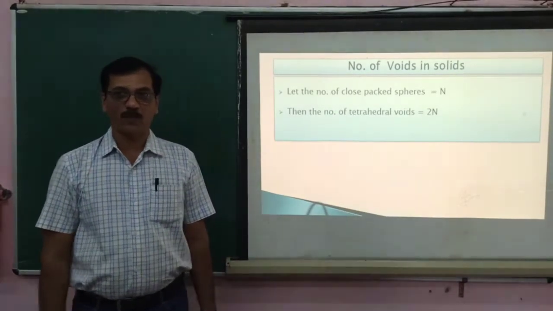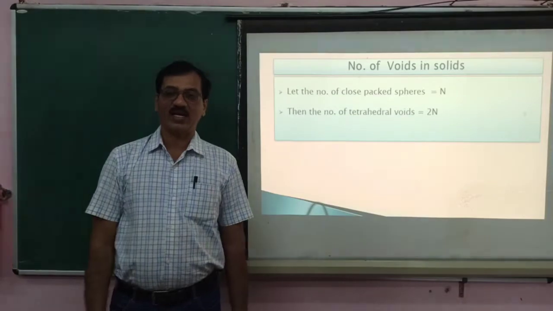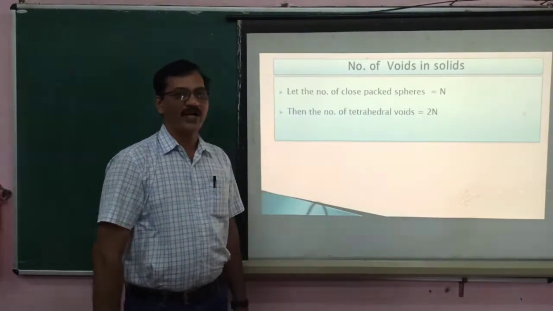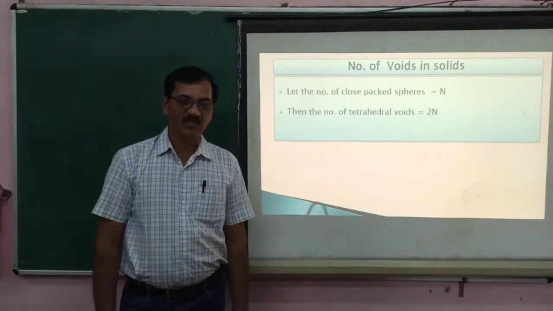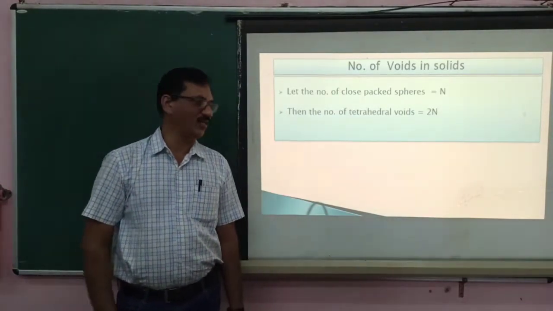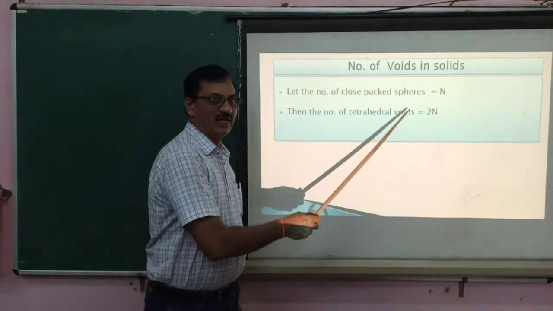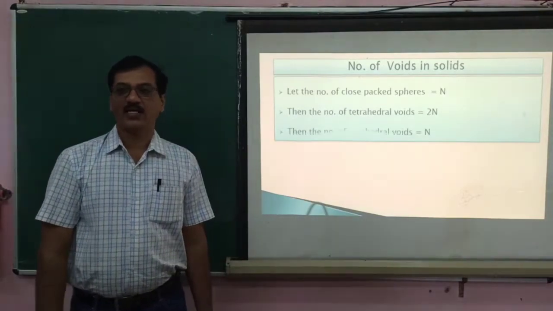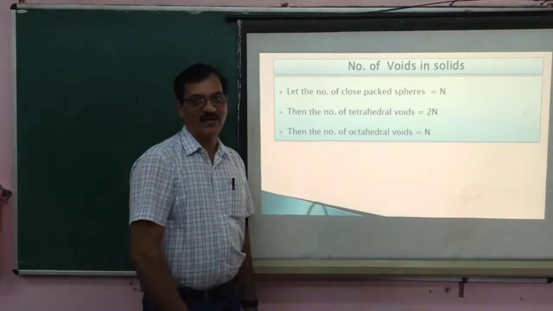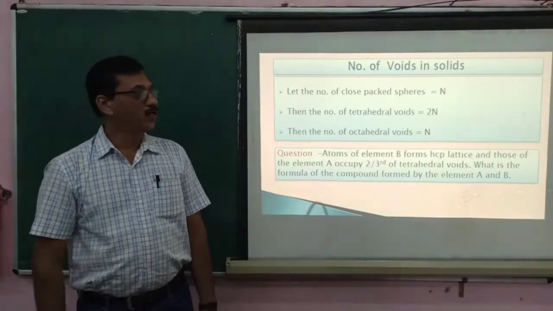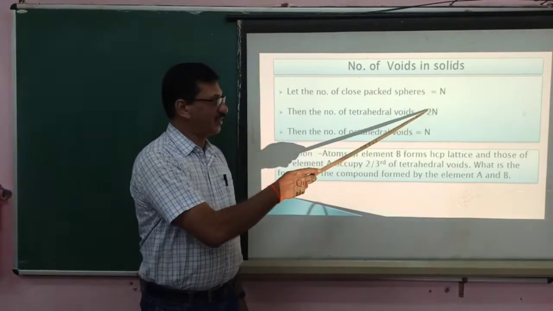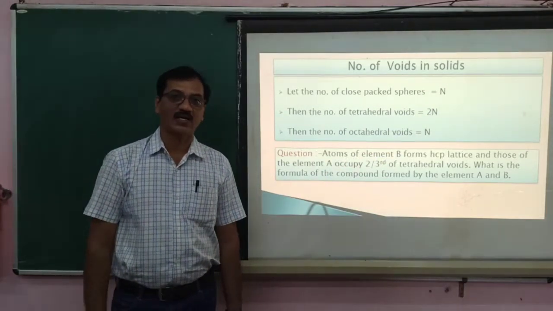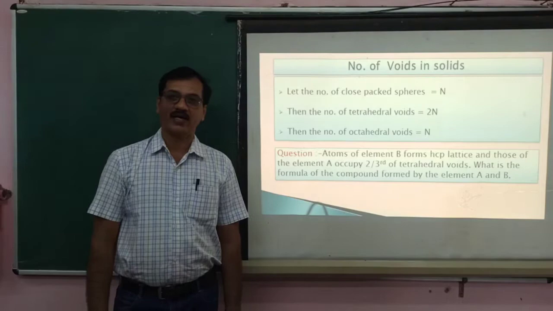Suppose in a close packed structure there are n spheres, then the number of tetrahedral voids will be 2n, double the number of spheres, and the number of octahedral voids will be n. So remember that there will be a total of 3n voids when there are n atoms in the close packed arrangement.